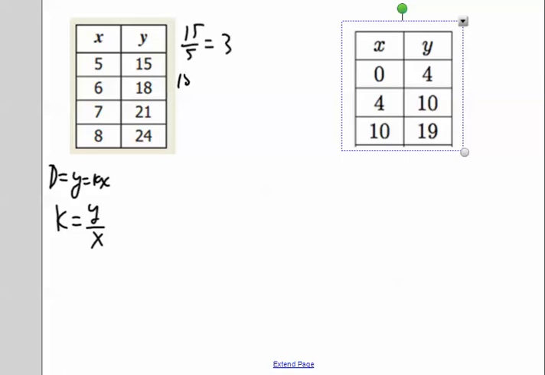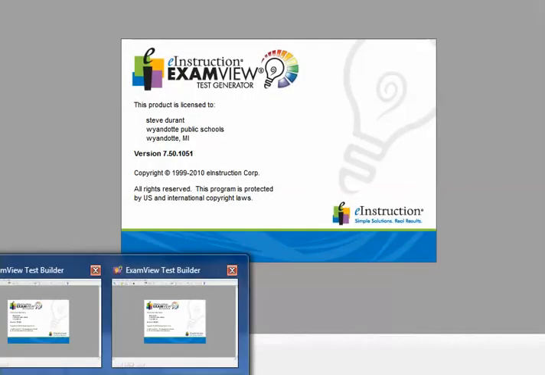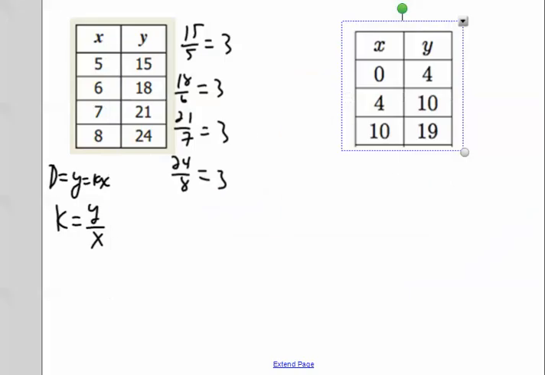Then 18 divided by 6, you get 3 again. 21 divided by 7, you get 3. And then 24 divided by 8, you get 3. All four of those have a constant of 3. So yes. And in fact, it is y equals 3x.